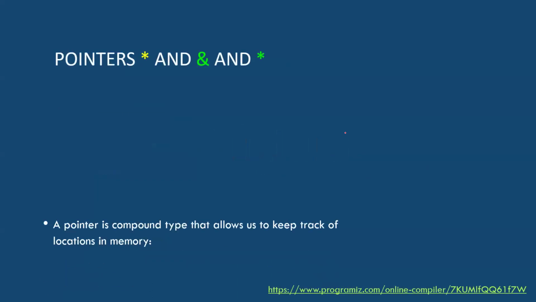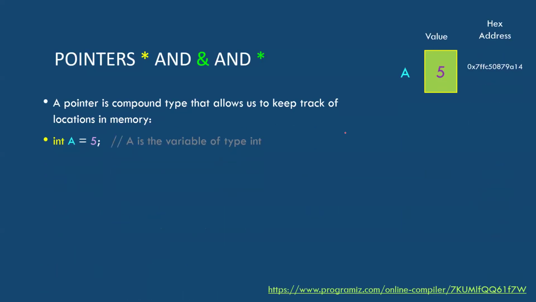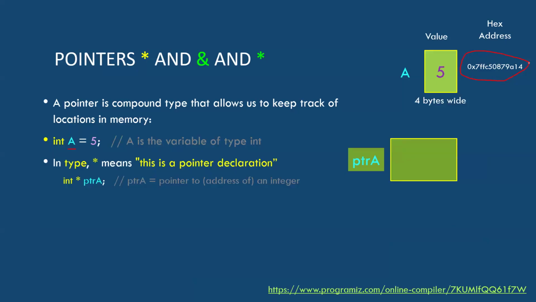Little word about pointers. You've got a little time, so this is just a light introduction. But in C++, when we work with pointers, every variable has an address. We don't really know the address right off the bat, but it has one. It's got to have an address in memory somewhere. So if I want to know the address and have a place to store it, I need to create a separate variable that's big enough to store that whole address.